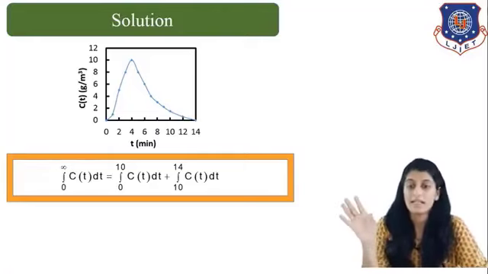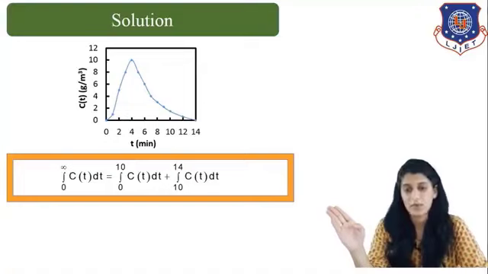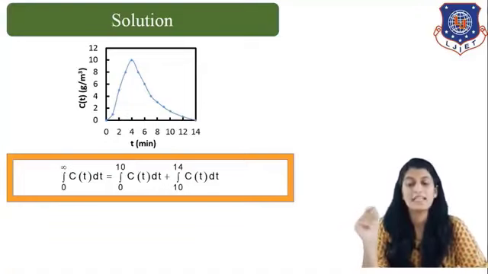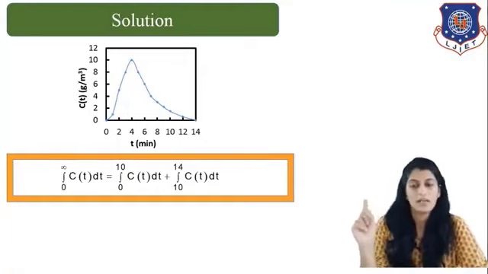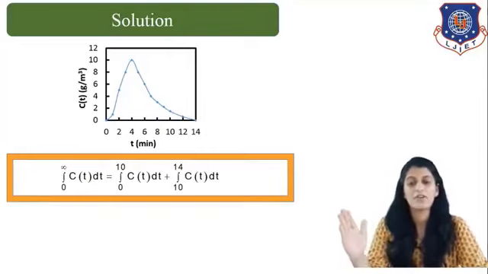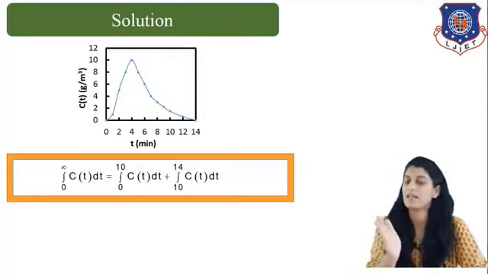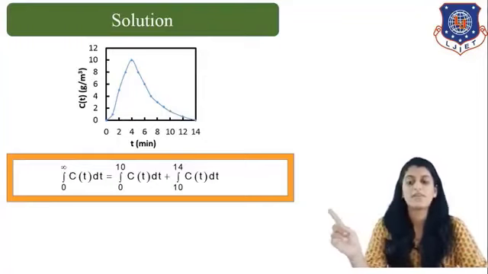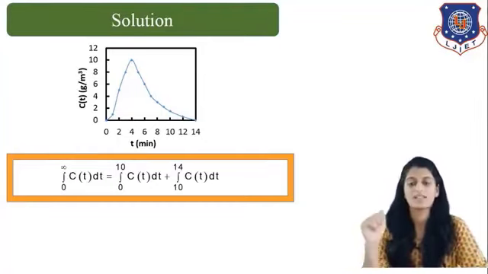So for determining the area under curve, we will be using this particular formula. 0 to infinite C dt can be calculated using this formula. Since the time interval from 0 to 10 minutes is uniform, and from 10 to 14 minutes, it is again having different intervals, that's why we need to do separate calculation for both the sides, correct?